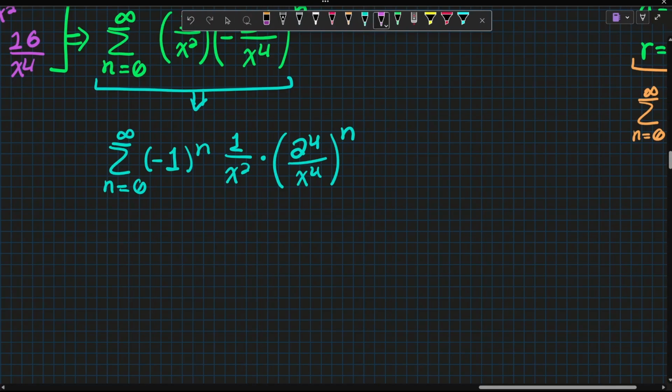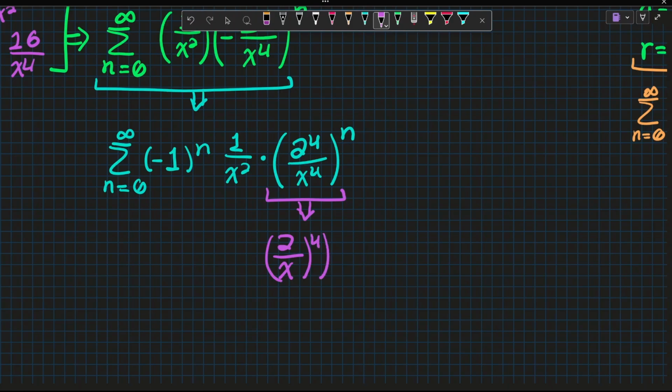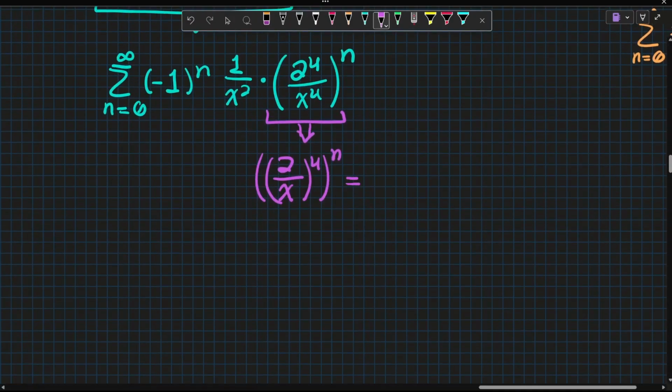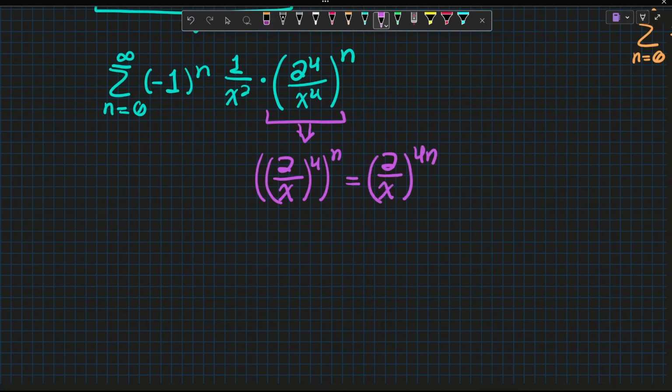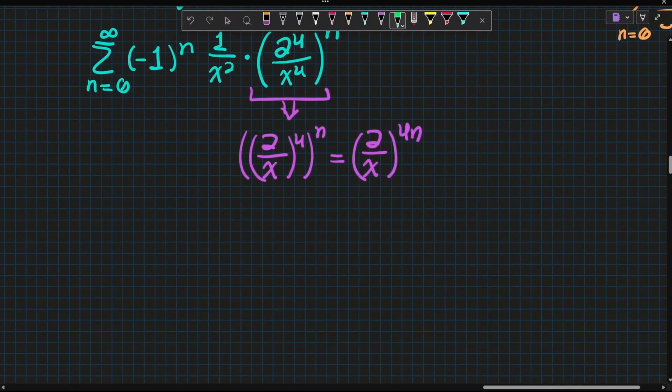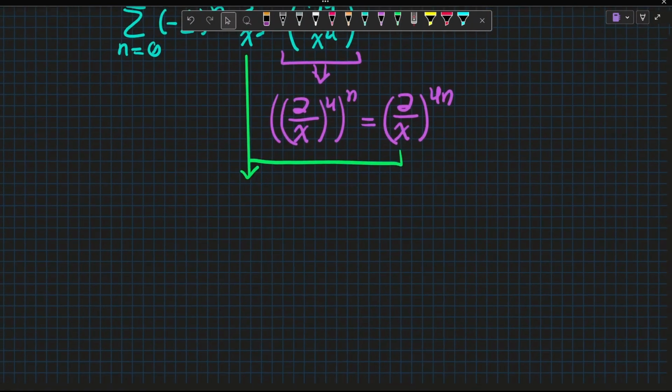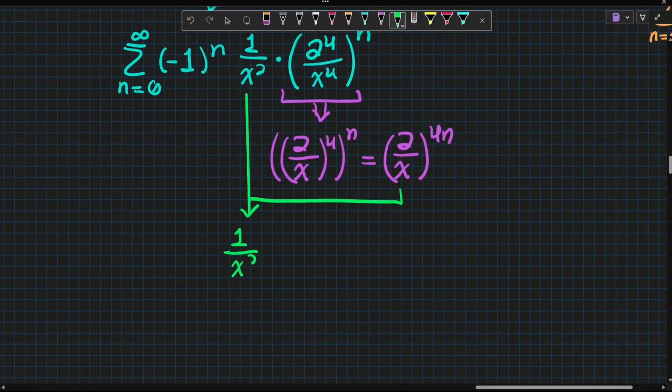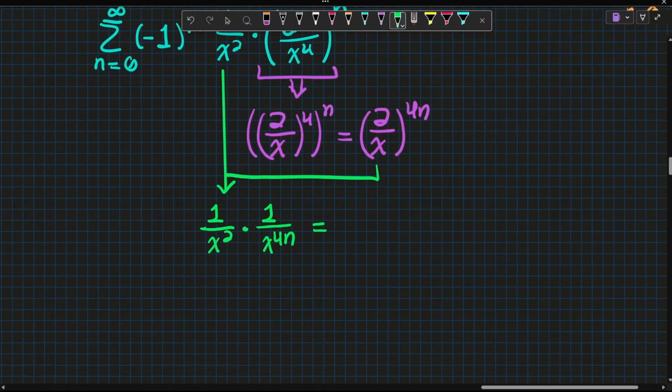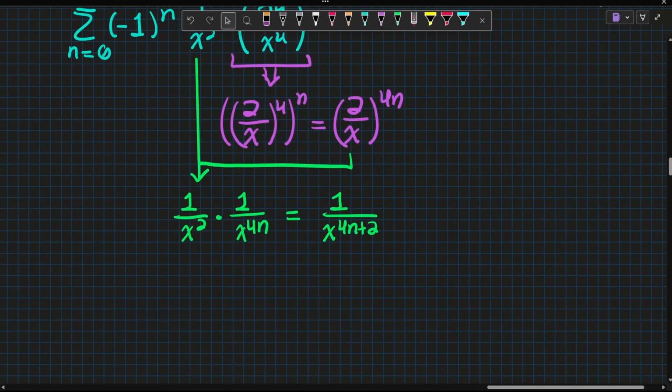Now, since we have a shared power on both, we can write this as 2 over x to the 4 to the power of n, or preferably 2 over x to the power of 4n, right? Now you can do something else, where you take this term and combine them, where you have 1 over x squared times 1 over x to the 4n, and then this gives you 1 over x to the 4n plus 2.